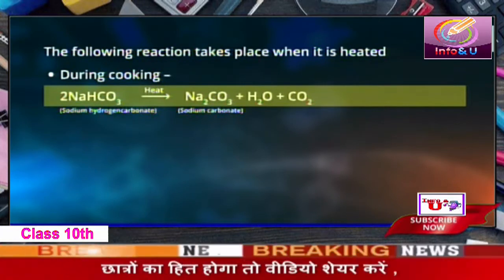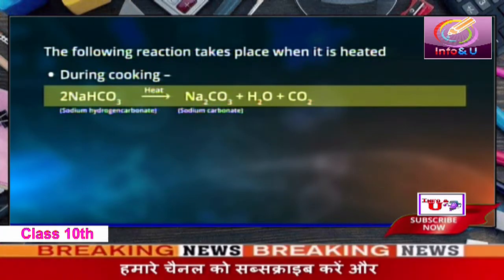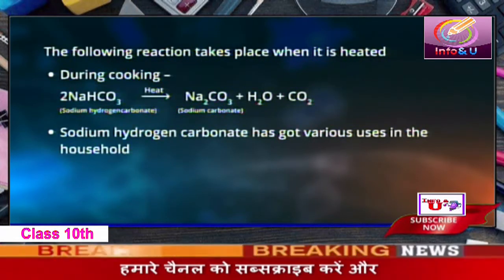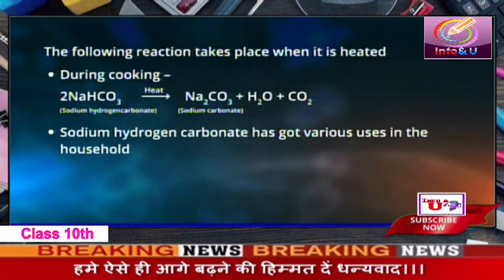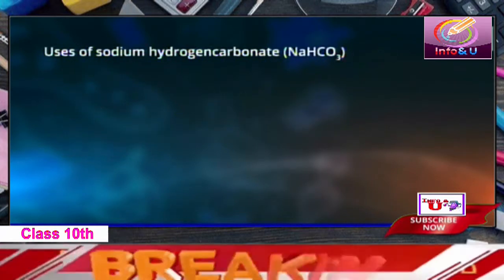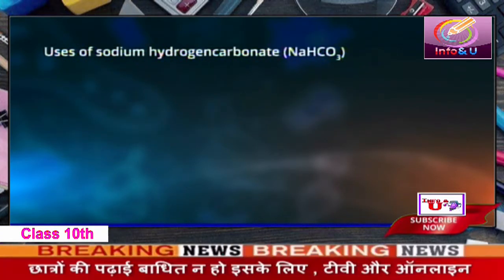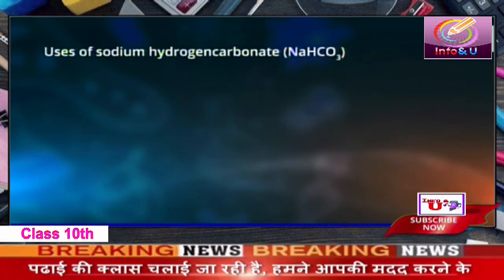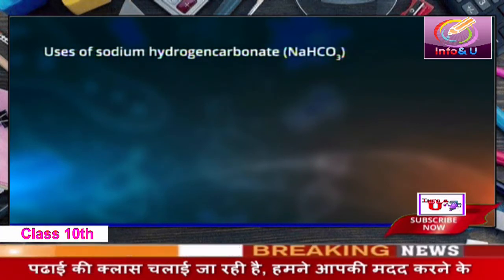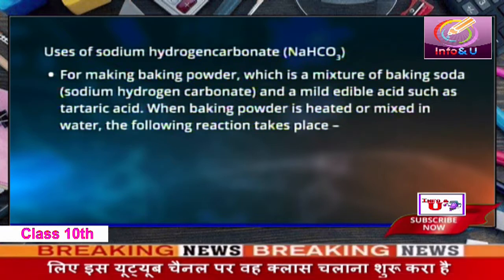And this carbon dioxide is responsible for making the things fluffy. The sodium hydrogen carbonate has got various uses in the household. And the uses of sodium hydrogen carbonate, besides the cooking that we just talked about, is for making of baking powder. My dear students, you have to know the difference between baking soda and baking powder.